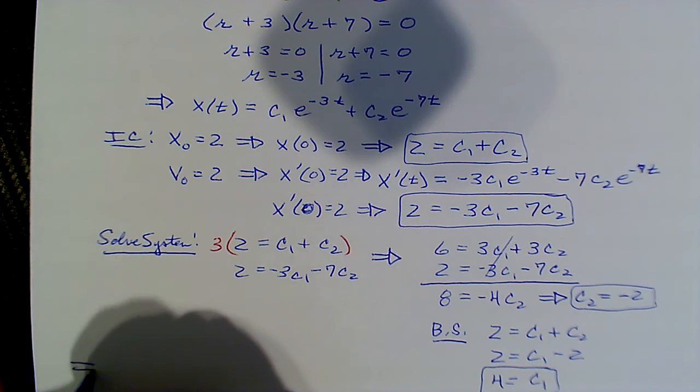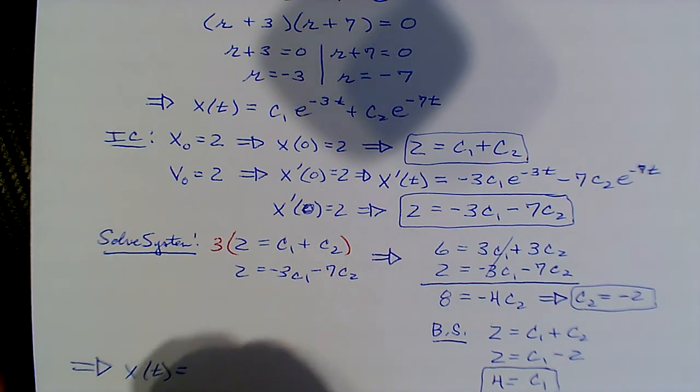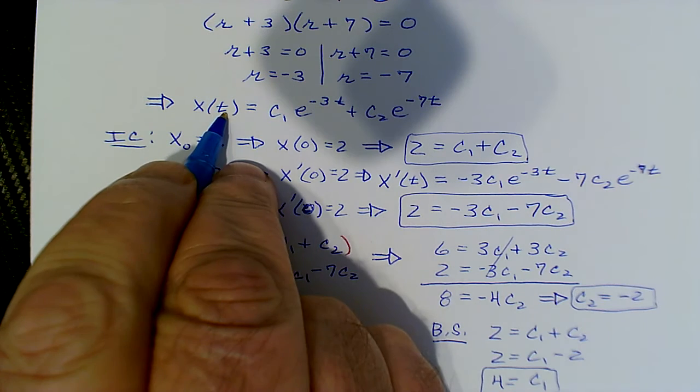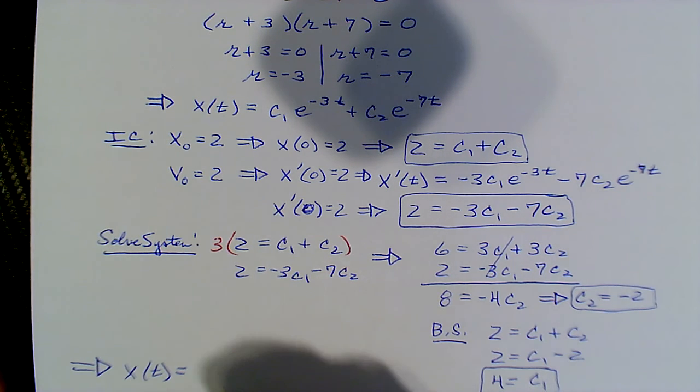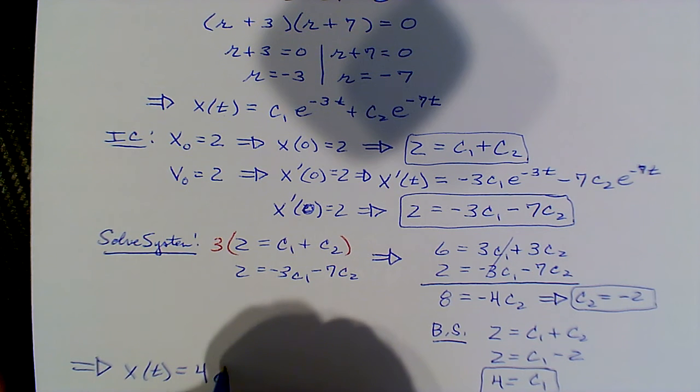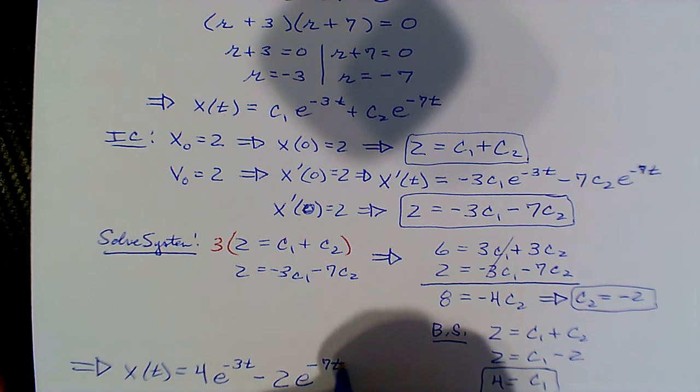Okay, so then our solution is that x of t is c1. So we're going back up here to x of t, plugging in c1 and c2. c1 was 4, so 4e to the negative 3t, and then plus c2, which is minus 2, so minus 2e to the negative 7t.